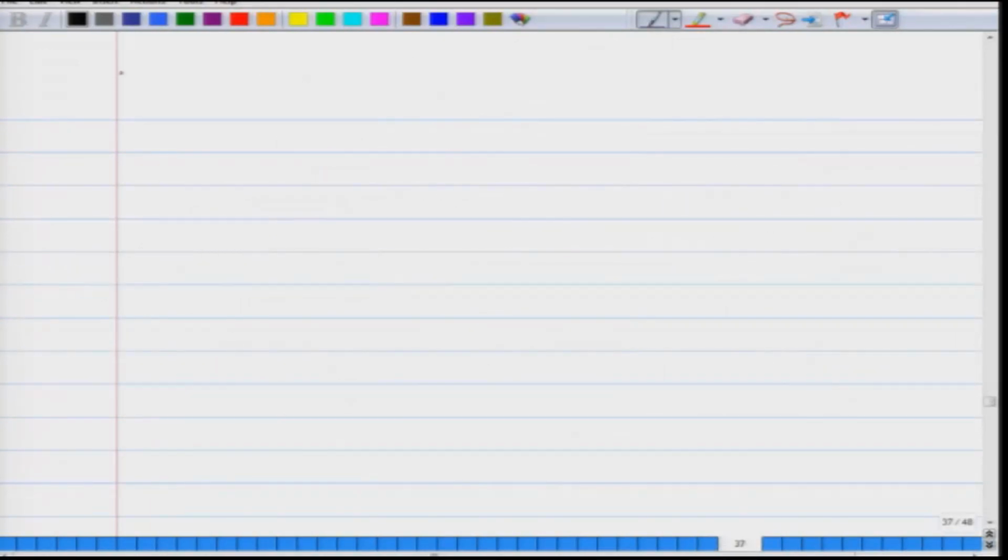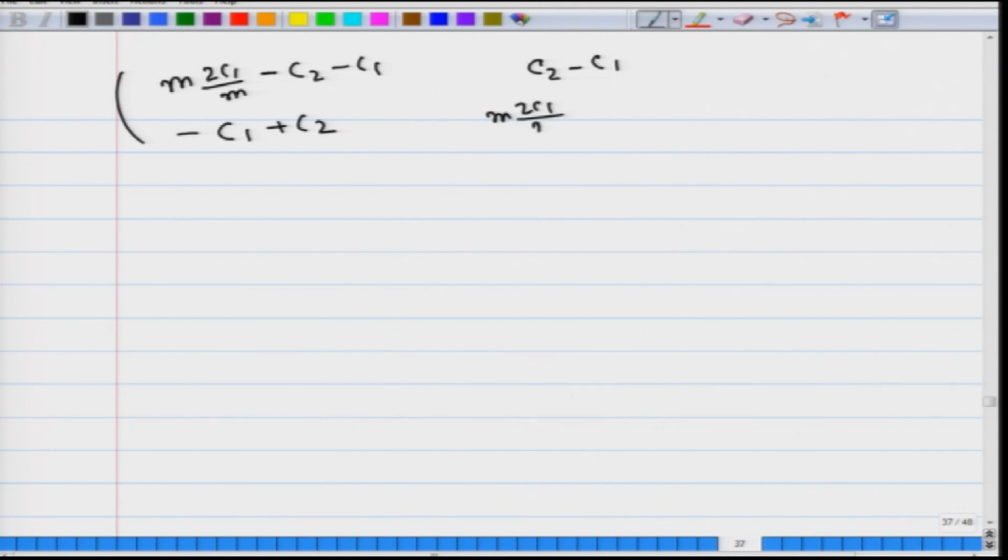So, we will get m times 2 C1 by m minus C2 minus C1, and this will be C2 minus C1, this is minus C1 plus C2, this is m times 2 C1 by m minus C1 minus C2, into A1 by A2 is 0. So, this goes, and this 2 C1 minus C2 minus C1.